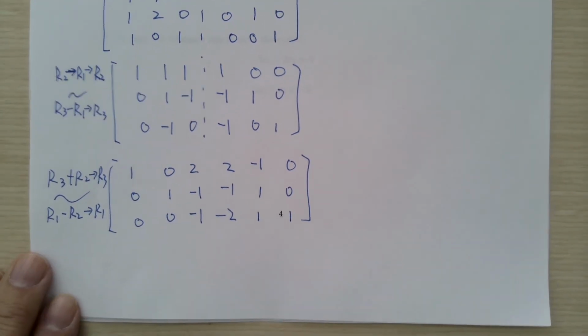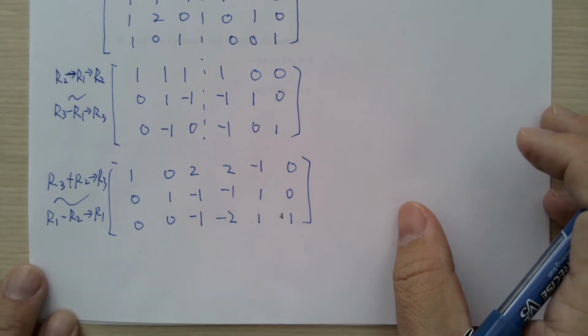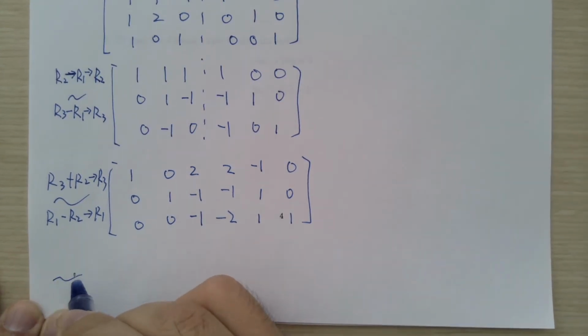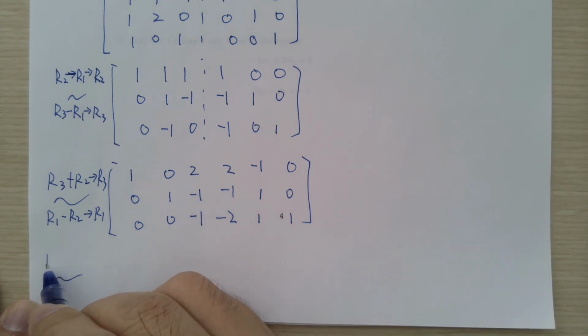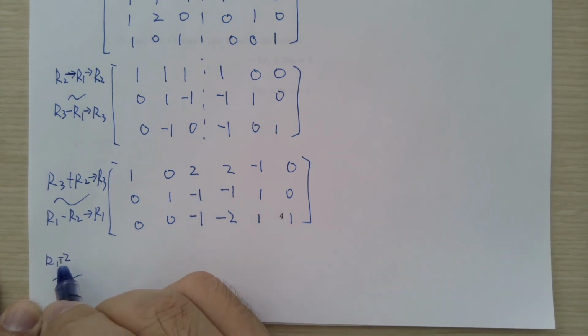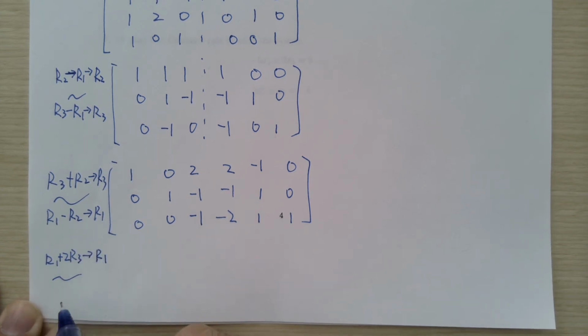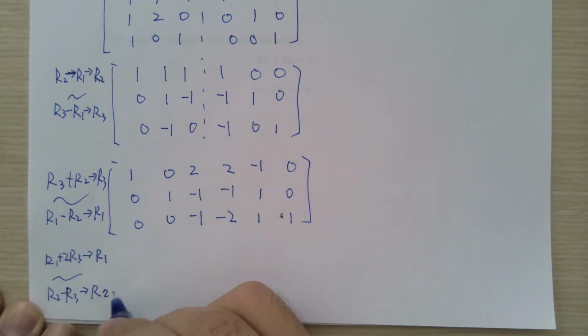So it's almost there. We can use R1 plus 2 R3 becomes the new R1, and then use R2 minus R3 becomes the new R2.